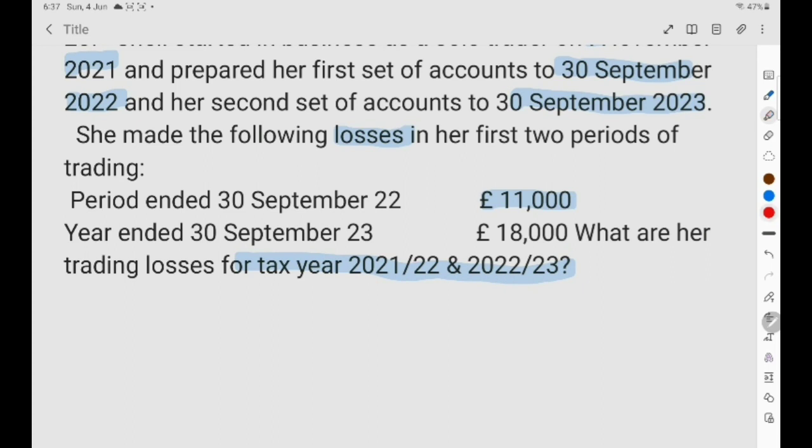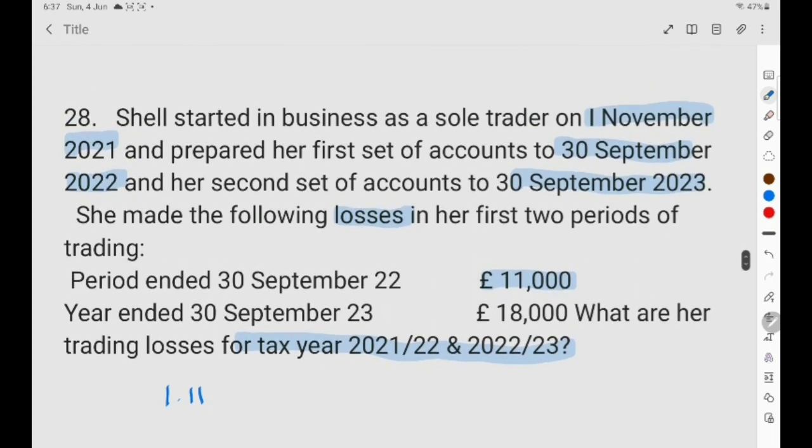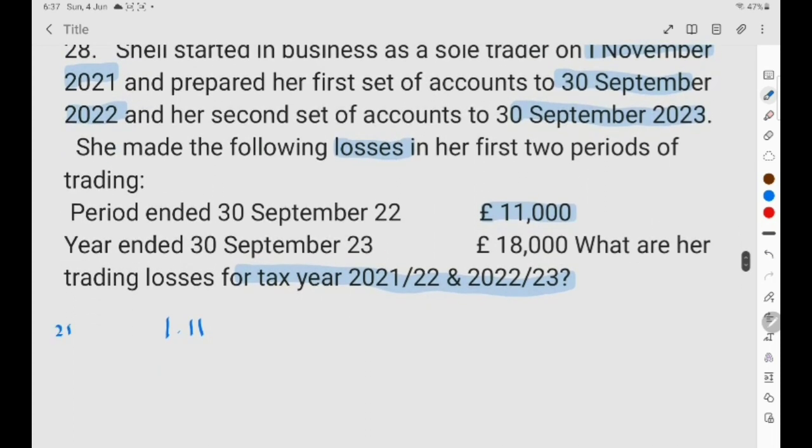So the business starting date is 1st November. This is 1st November. So the first tax year is said to be 21-22. From 1st November 21 to 5th April 22.